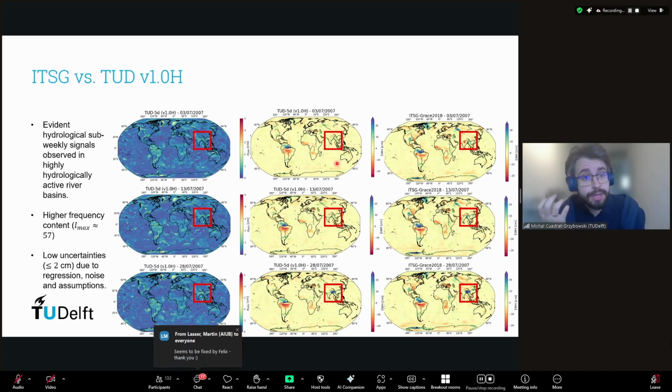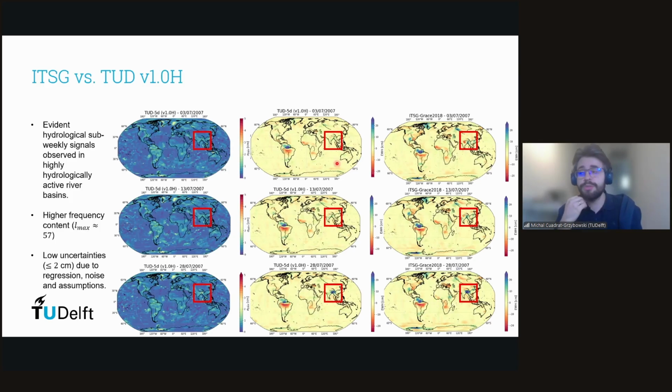Also, we have quite higher frequency content as we are reaching up to degree 57 compared to 40 for ITSG. And purely based on regression, the noise from the instruments, we have an uncertainty below 2 centimeters, which is quite a good thing.